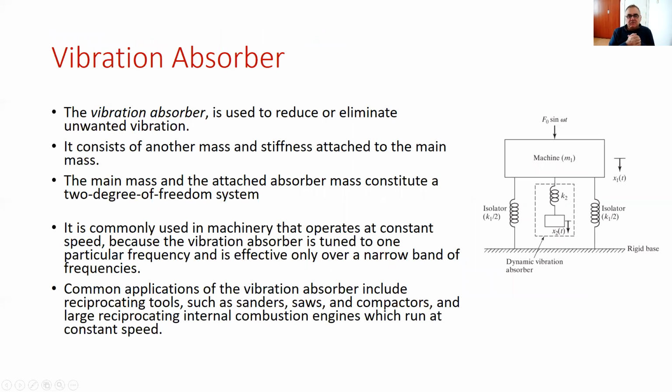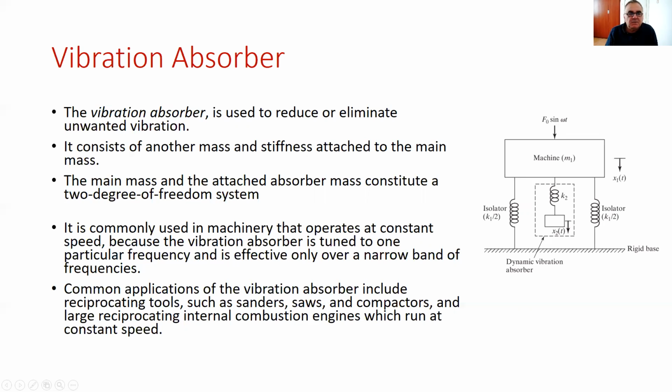Now, from here, it is appropriate that we talk about vibration absorbers, because the vibration absorber uses exactly this idea. It's basically a 2-degree of freedom system in which you have a machine or a vibrating system which is forced by, let's say, a harmonic forcing, and it might be vibrating quite violently because it's close to the resonance, and you connect a second mass to it and let it vibrate.